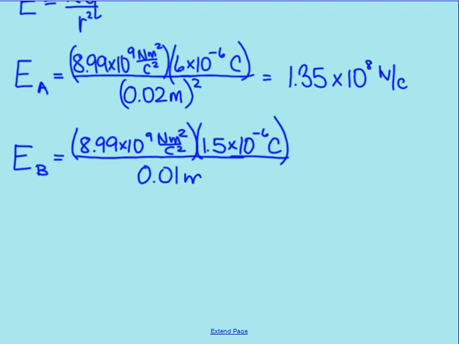Again, don't forget to square your denominator, and don't forget to convert your units. It just so happens that I actually end up getting the same number when I plug those ones into my calculator as well. 1.35 times 10 to the 8th newtons per coulomb.